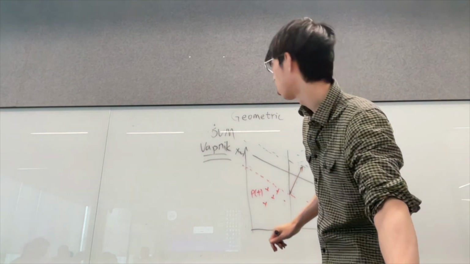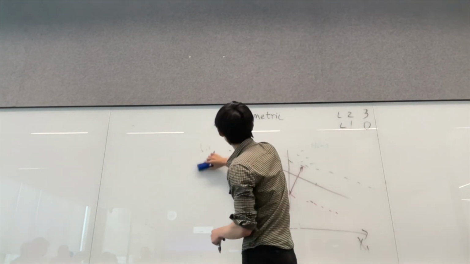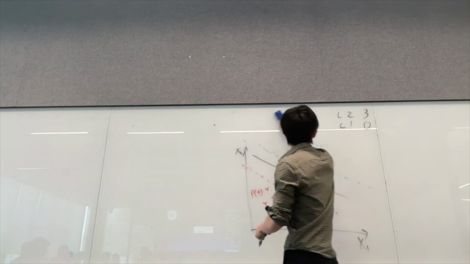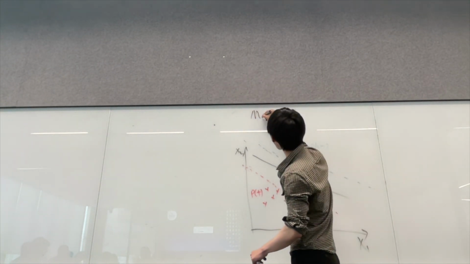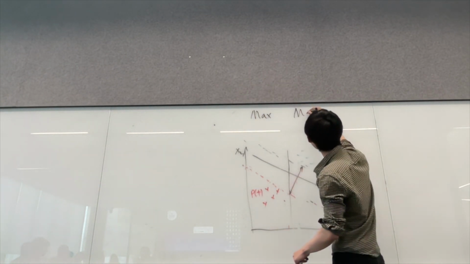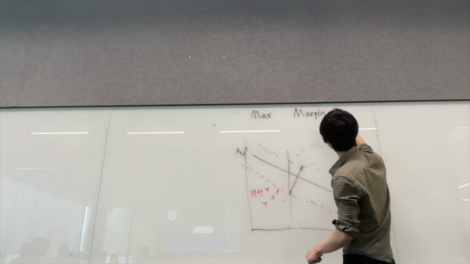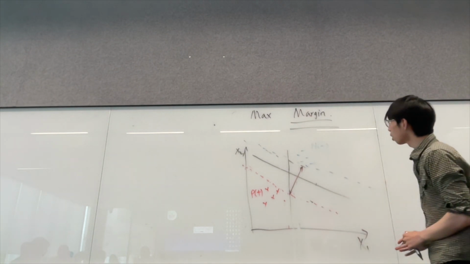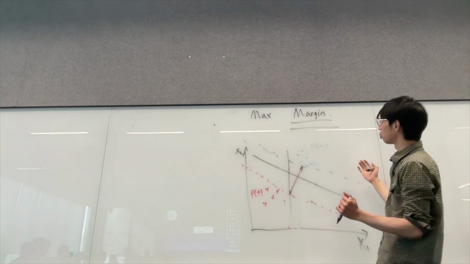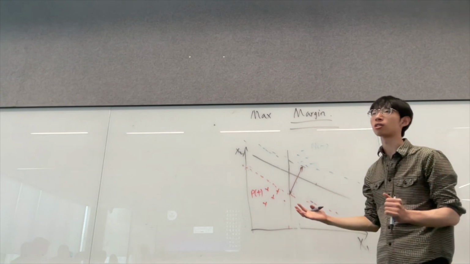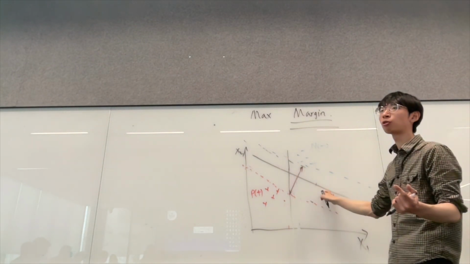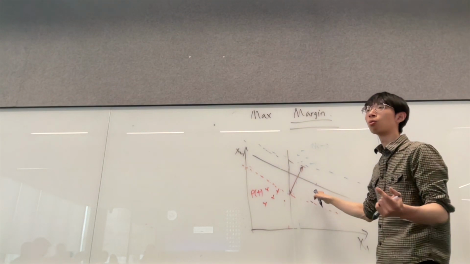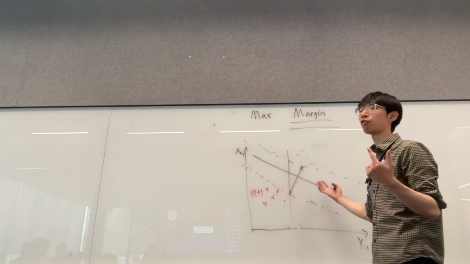So the objective would be to maximize the margin. I don't know the margin yet, but what we want to know is, what are the parameters here? We want to find the line. What would be the parameters of this line?